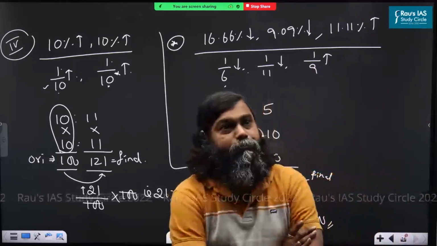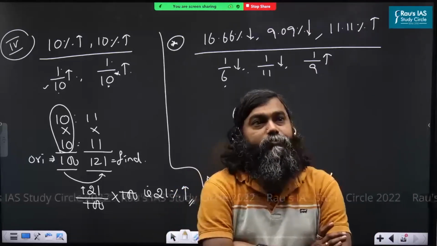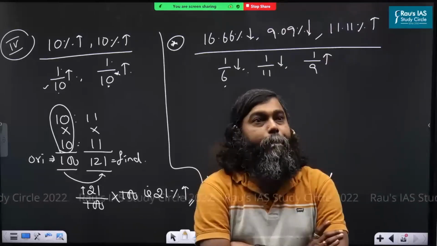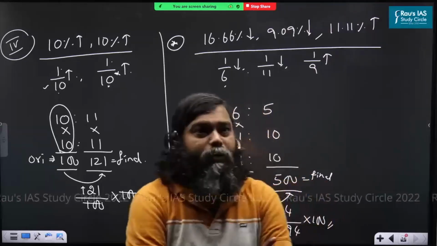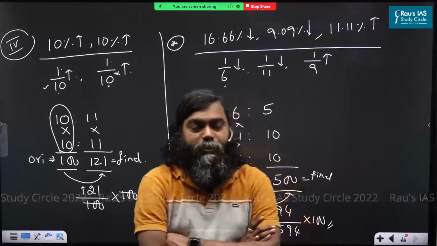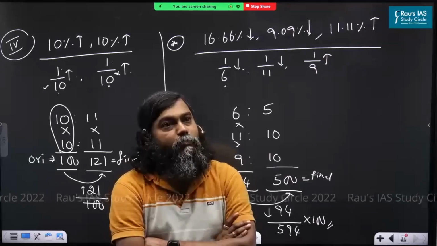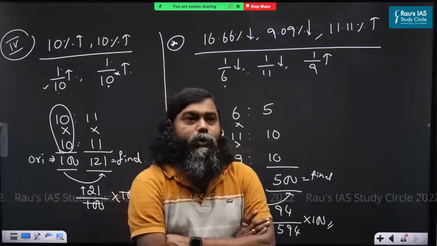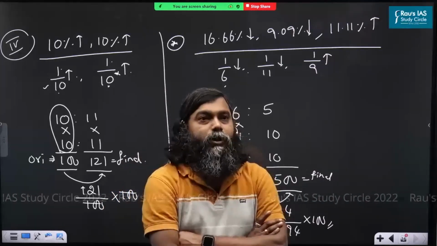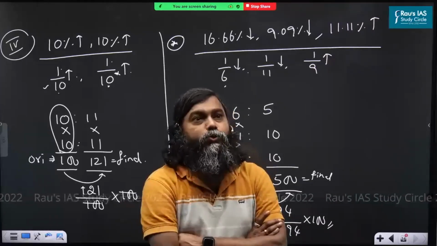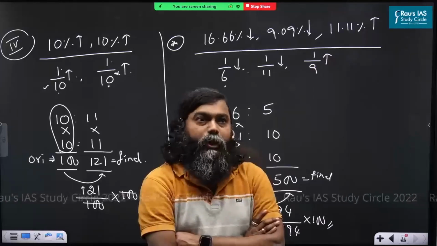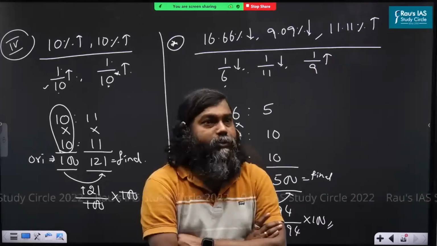Understood? Anybody doubt? So the fourth interpretation is sufficient in successive changes. The rest we will see in compound interest. If you solve by first, second, or fourth interpretation, first you derive original and final, then you can derive net or effective changes.